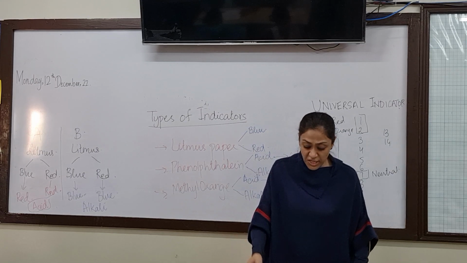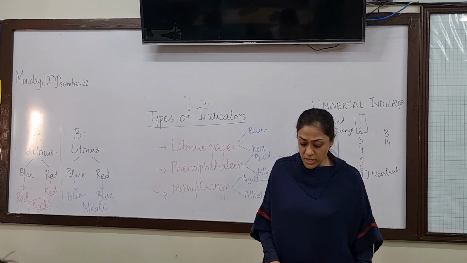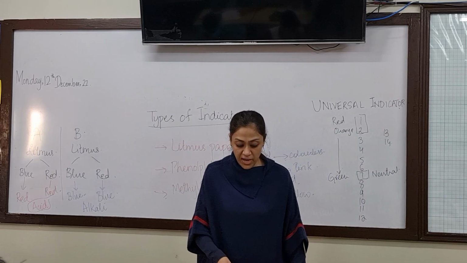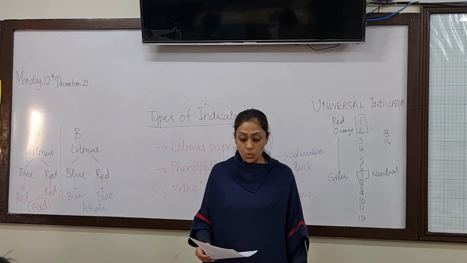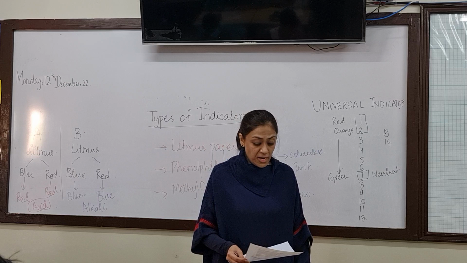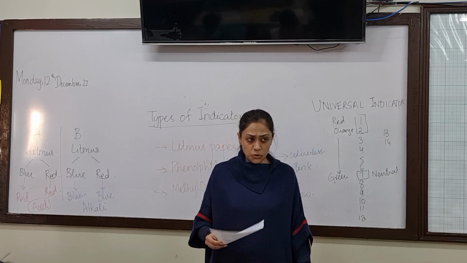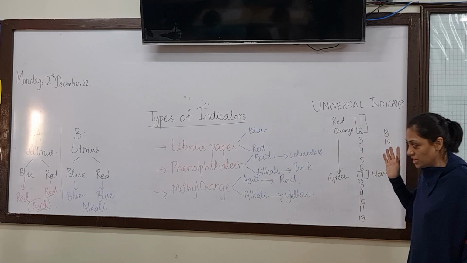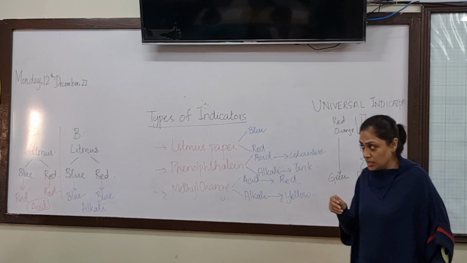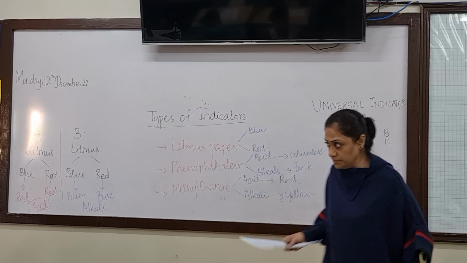Okay, guys. The first question says that universal indicator solution gives a range of colors when it is added to substances. Why do you think it is a better paper? Give 2 reasons. You have done so many indicators and now you have an idea. Yes, Hadi?